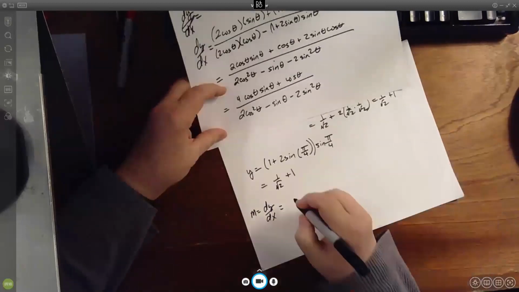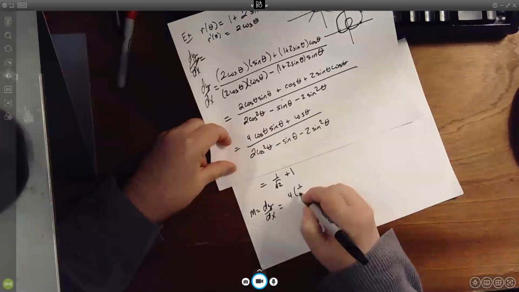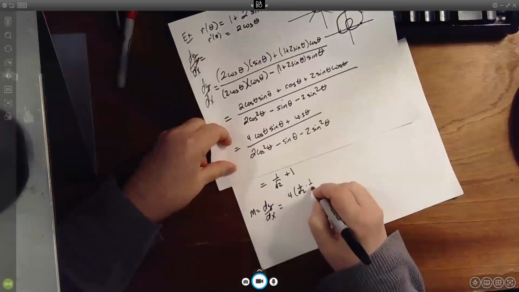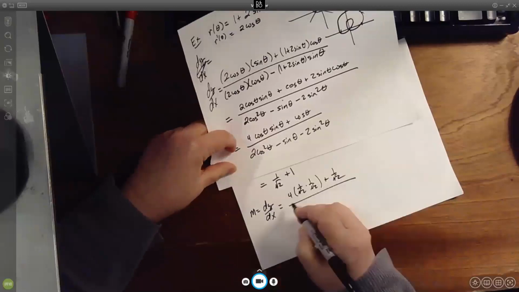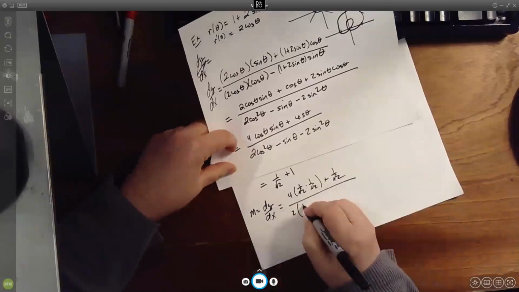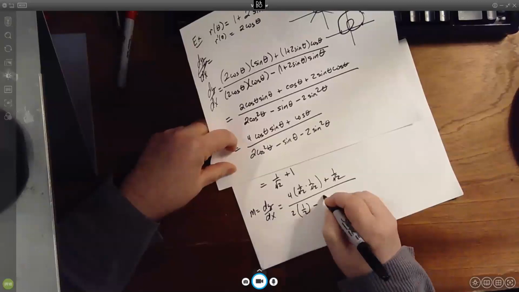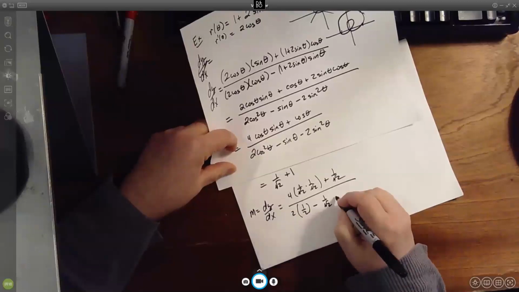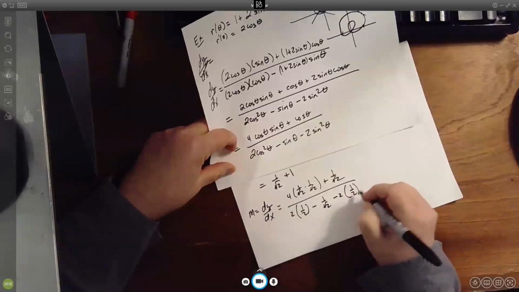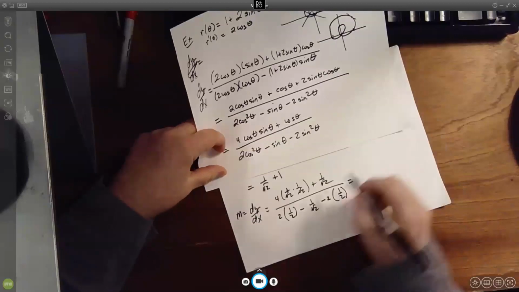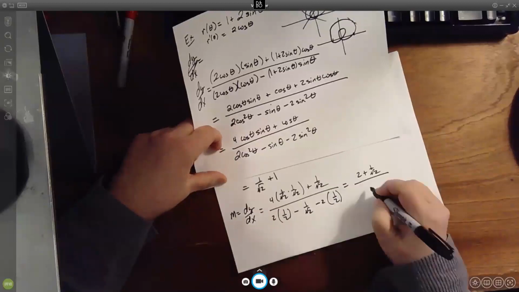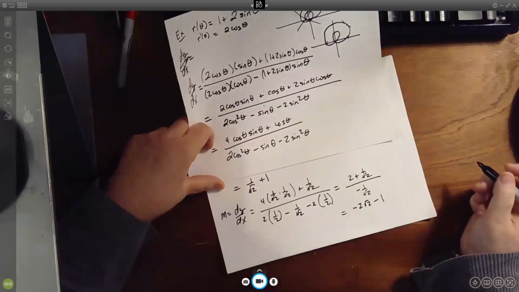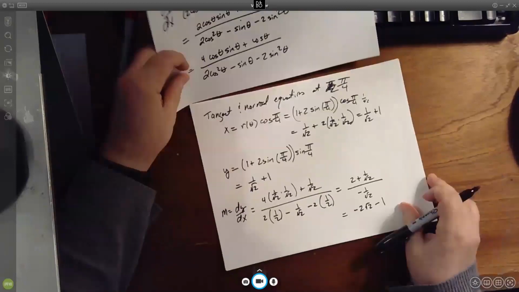I will have 4 times 1 over the square root of 2, times 1 over the square root of 2, plus 1 over the square root of 2, all over 2 times 1/2 minus 1 over the square root of 2 minus 2 times 1/2. This is gross. Okay, so this is 2 plus 1 over the square root of 2. These will subtract off, so I have negative 1 over the square root of 2.